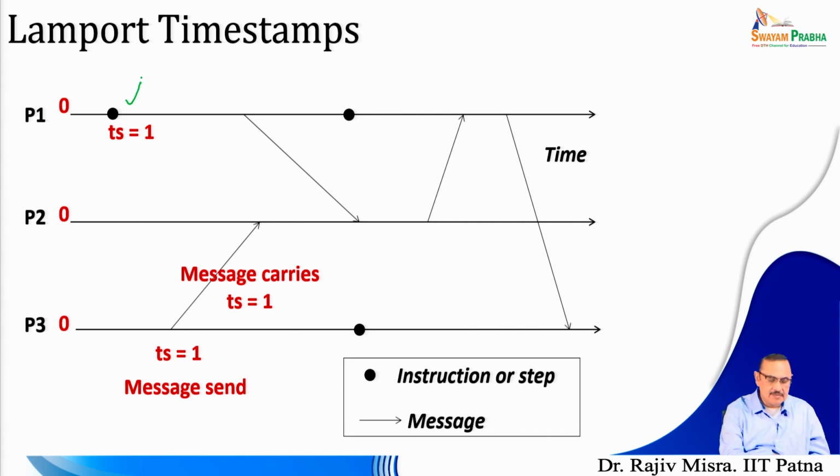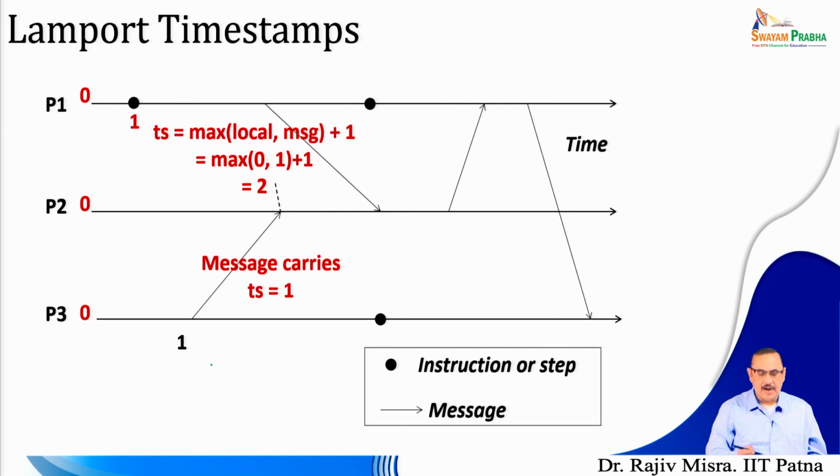Similarly, as far as process P3 is concerned, the send of a message event will have the timestamp 1 here. The message carries this TS 1, and when it is received over here, the receive of a message will update the clock of P2 in the following manner.